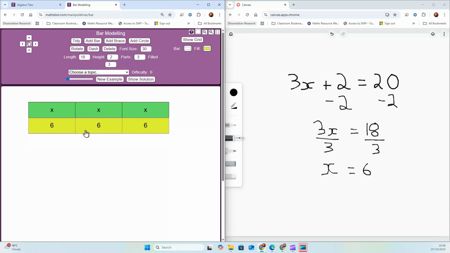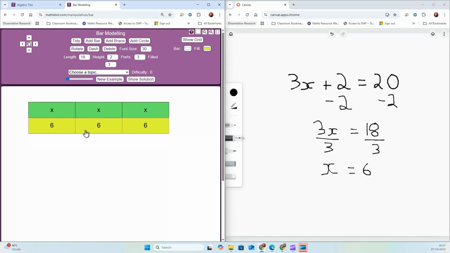And with simple linear equations, there's nothing much to choose between these two models. Both models work quite well. The bar model, the length model, can make it slightly trickier when the value of x is negative compared to the object model, but the object model has that issue that we talked about in terms of the equality not being quite as explicit, or not being contained within the model. It has to be an imposed part of the model.